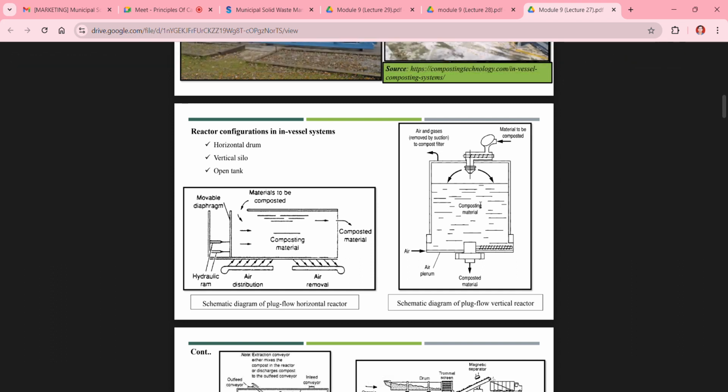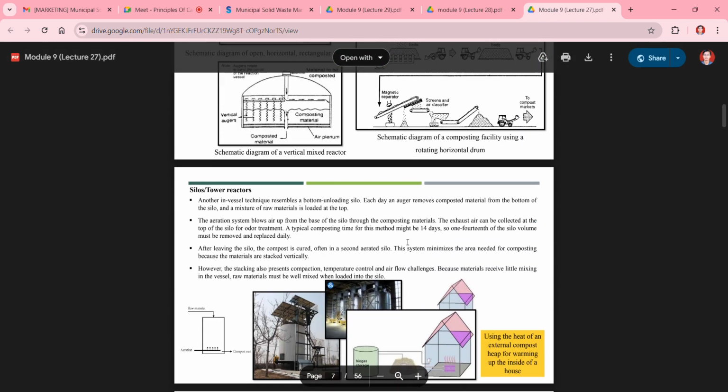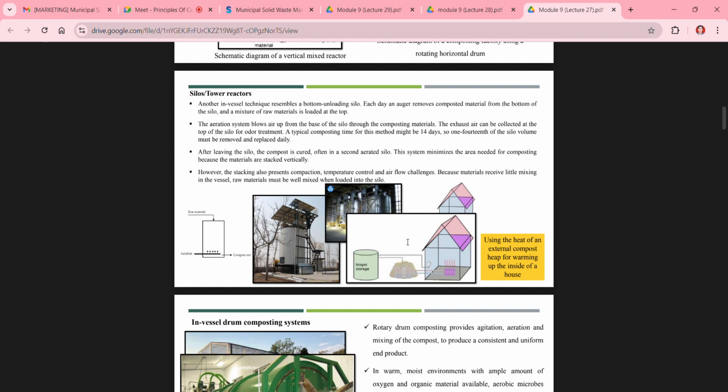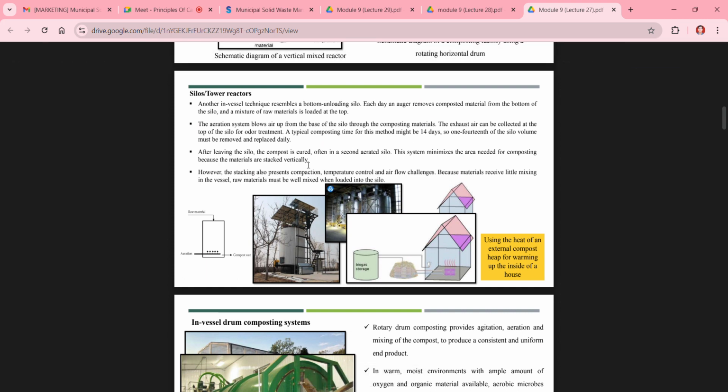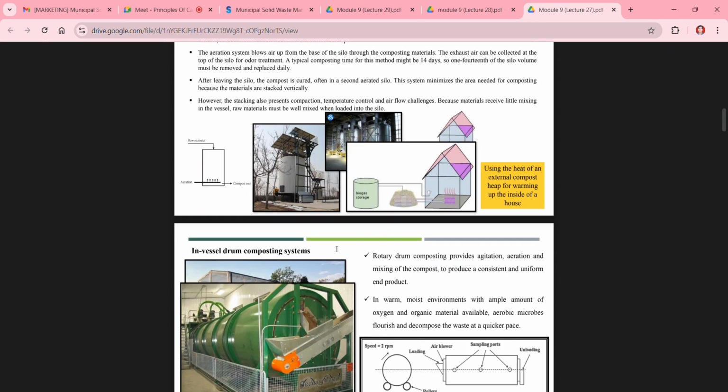So that can be run as a continuous composting process. Then there are silos or tower type reactors in which we can add the material on a daily basis and remove the compost material from the downward side on a daily basis.